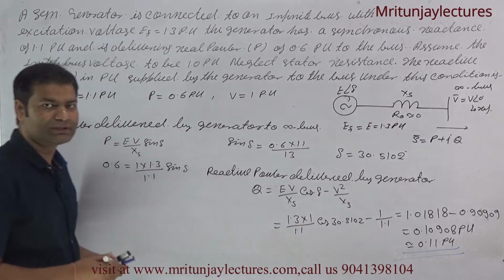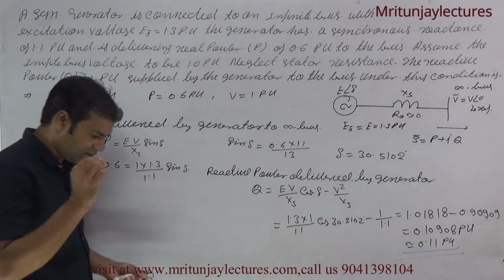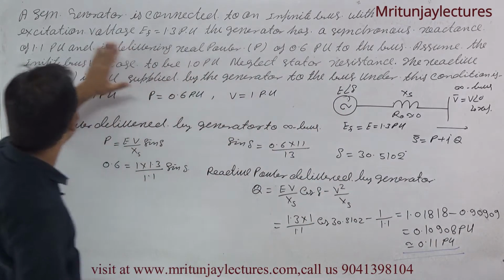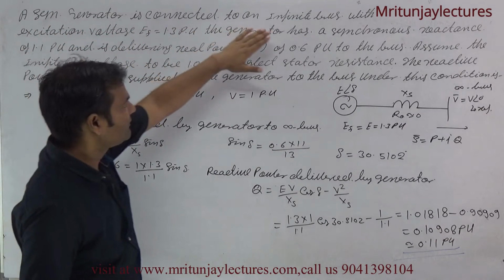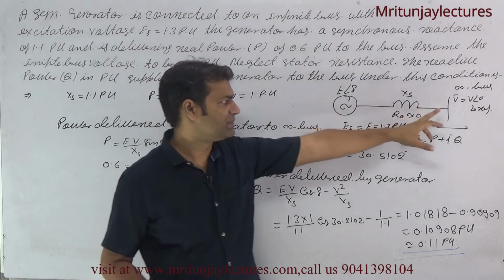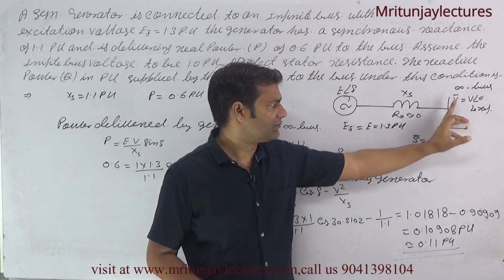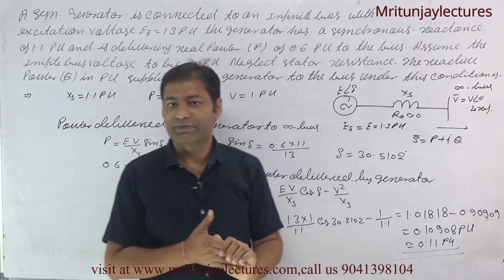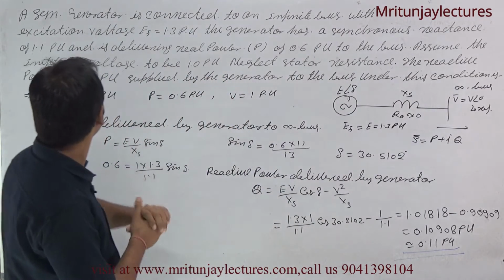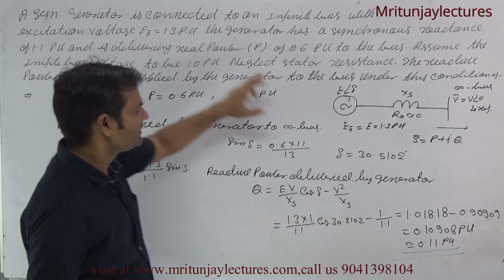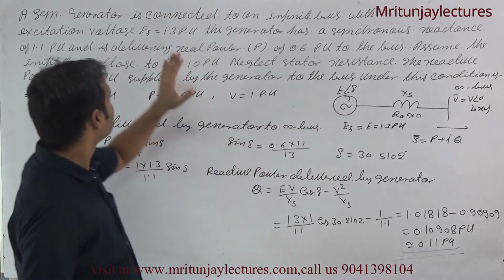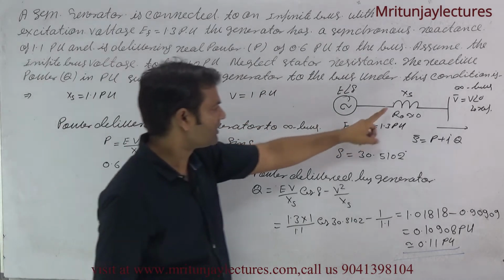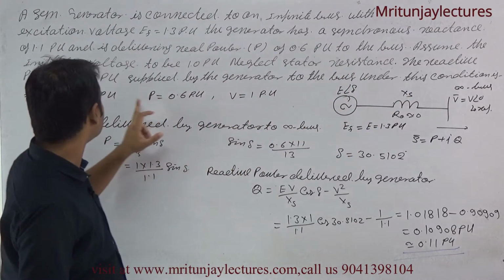It's a very simple question. If there is any doubt corresponding to the question, read it again. A synchronous generator is connected to an infinite bus. First of all, infinite bus means the terminal voltage V at the angle 0 is taken as reference. Excitation voltage EF is given as 1.3 pu. The generator has synchronous reactance of 1.1, X is given as 1.1.